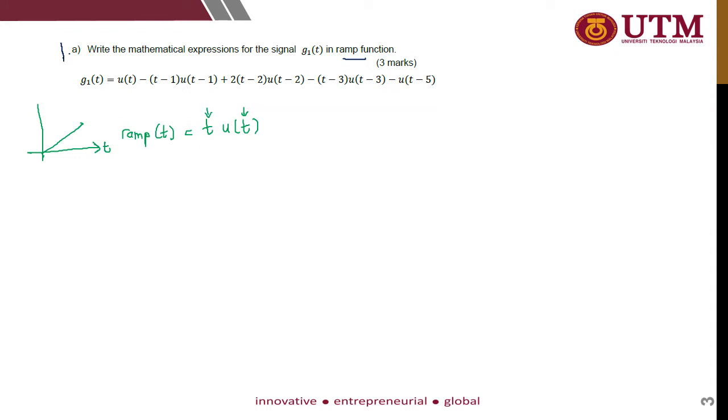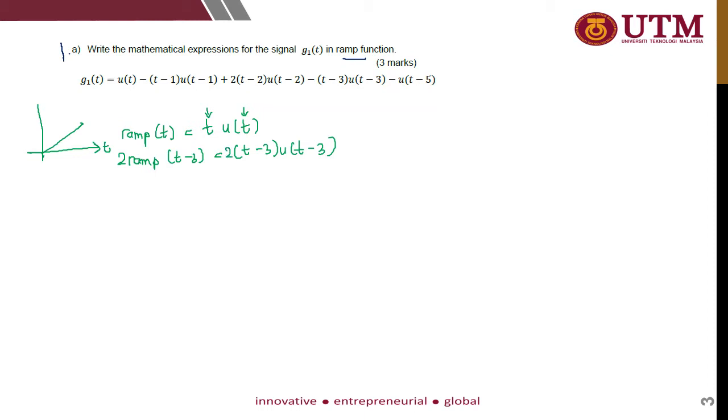For example, ramp(t minus 3) is equal to (t minus 3) u(t minus 3). You can see the repetition of the same equation in the bracket with the function in front of the u. If you have a magnitude in front of the ramp, for example 2, don't forget to write down the amplitude as well.